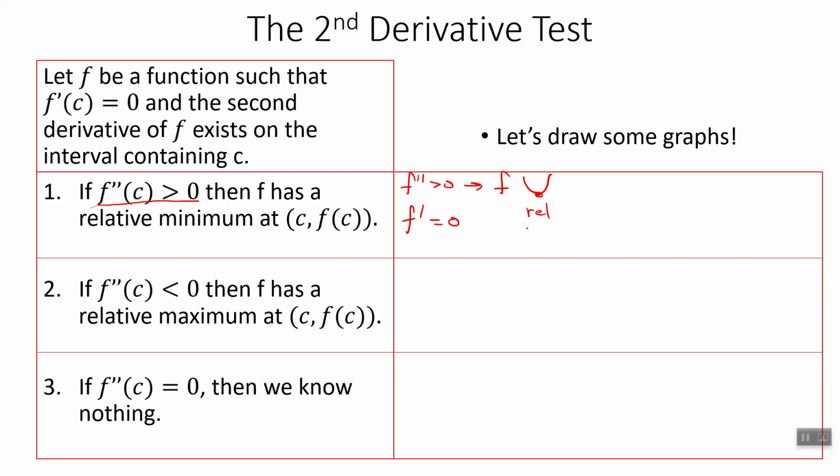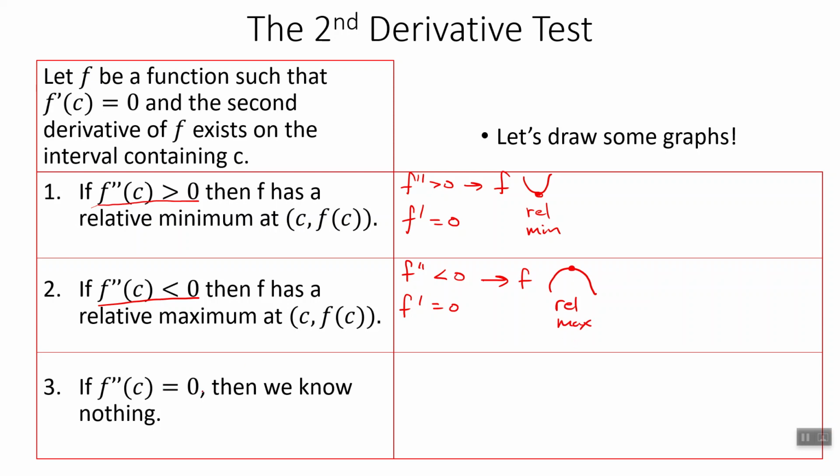That means it is a relative minimum. If our second derivative is less than 0 and the derivative is equal to 0, then f will be concave down, and that point must be at the top like that, and that's going to be a relative maximum.